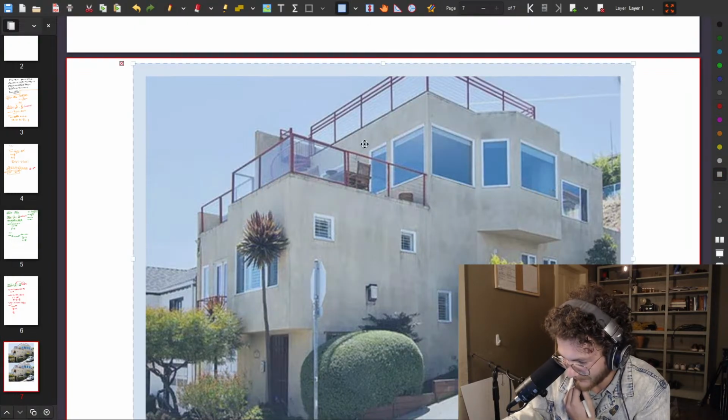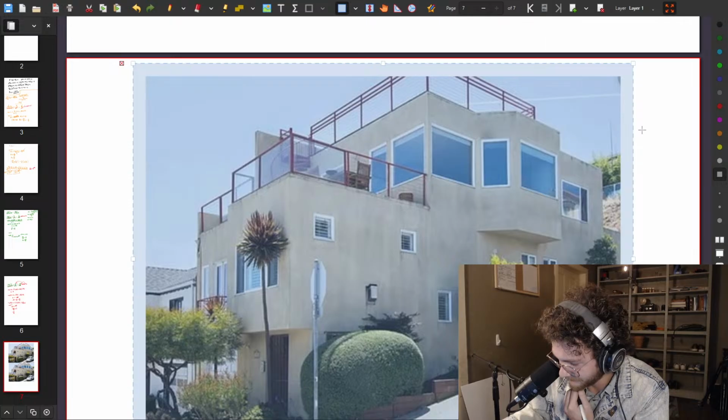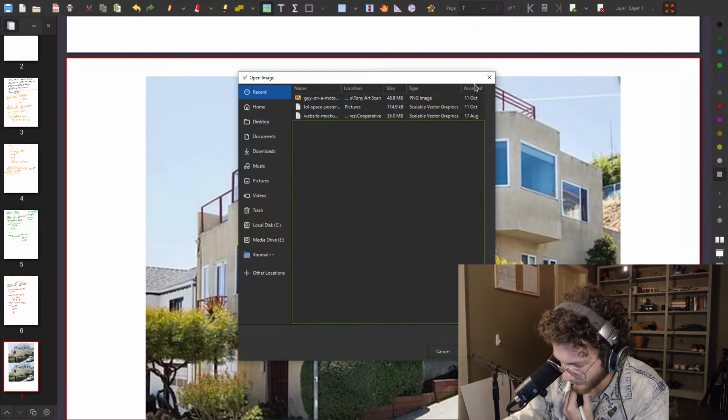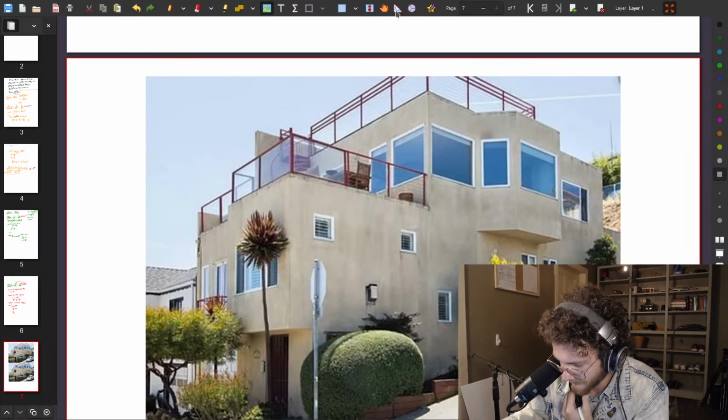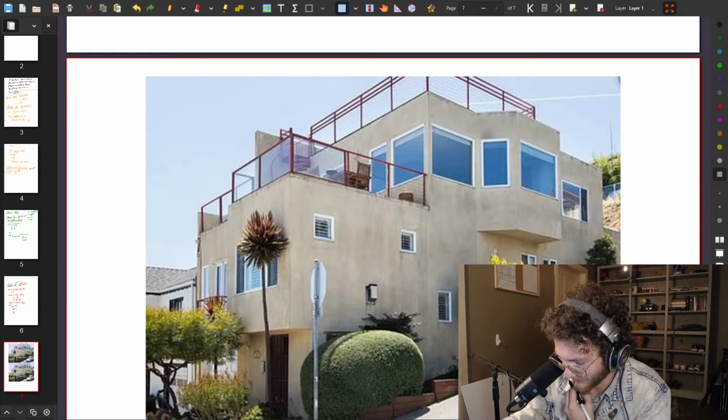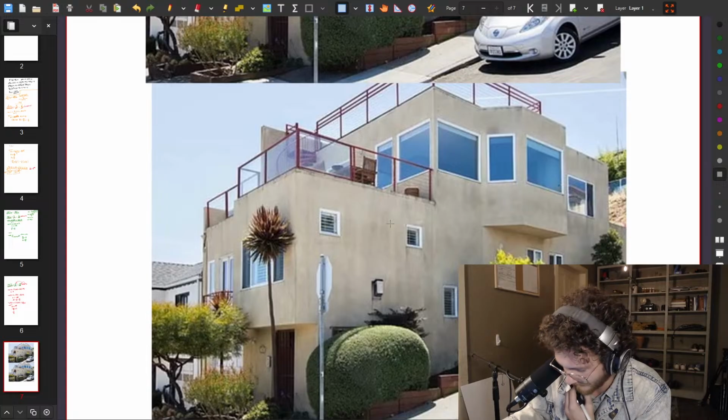Okay. Can I just like change the opacity of this thing? No. Yeah. No? What? Ah, dang it. I know it's modernism. It's a very boring looking building, but it's in a cool place. It looks like a cool neighborhood.